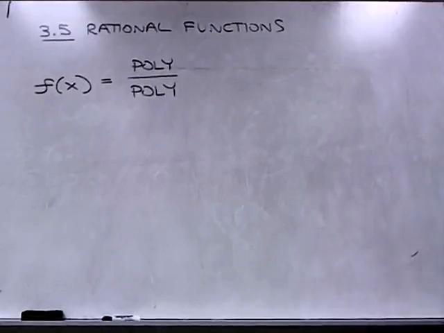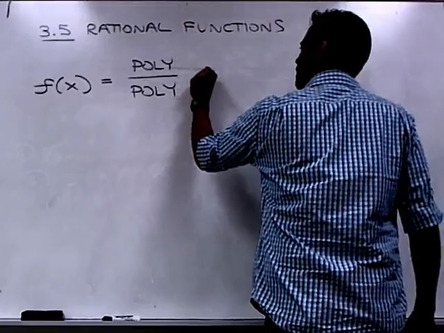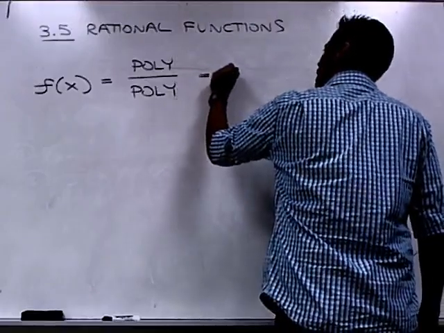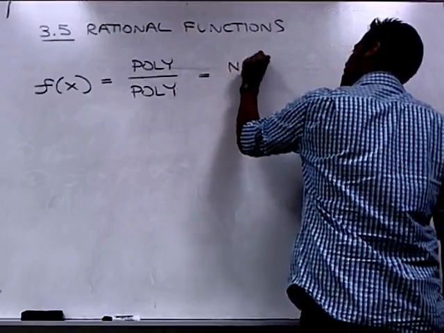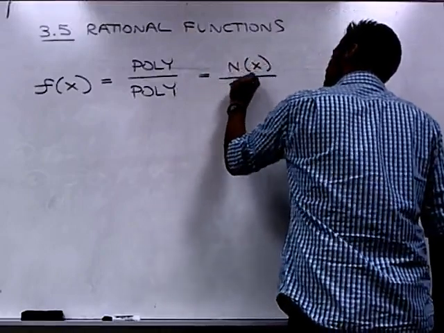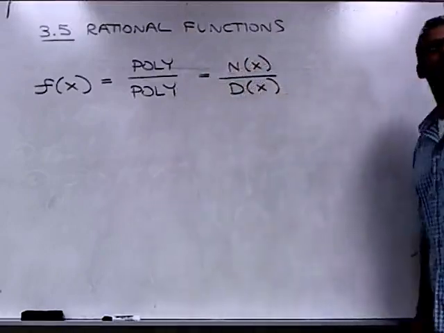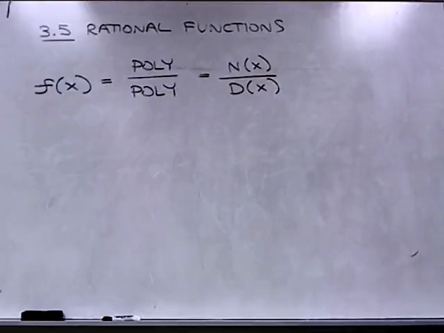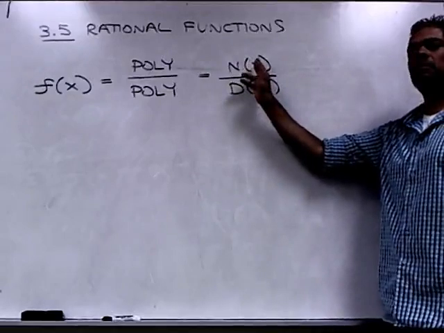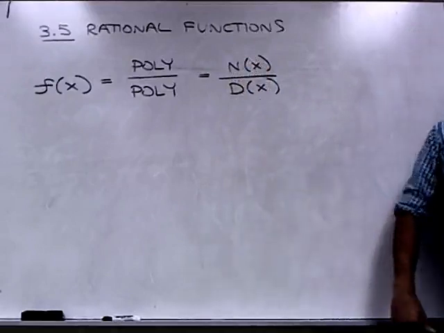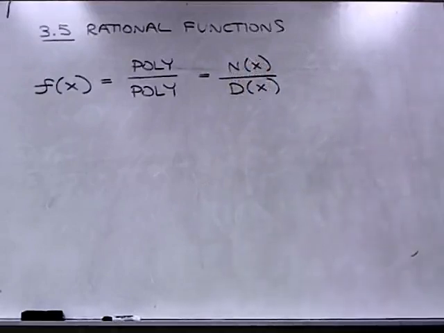And now you have what's called a rational function. So you can imagine that they're going to look pretty nasty. Now what we will say is we will call this top one n of x and we'll call the bottom one d of x. Why do you think I called it n of x? Numerator. So this is our numerator polynomial, and then d of x for denominator. That's our denominator polynomial, right?